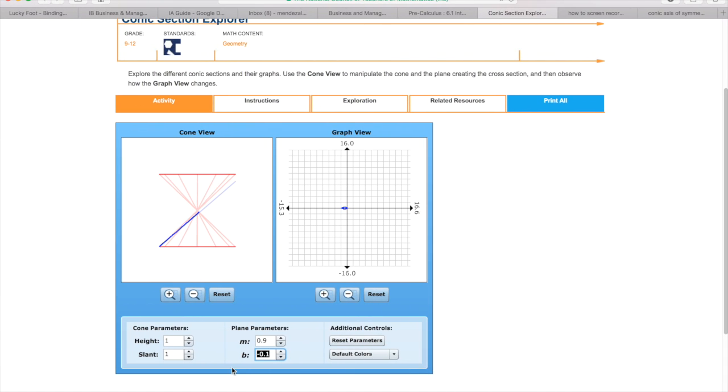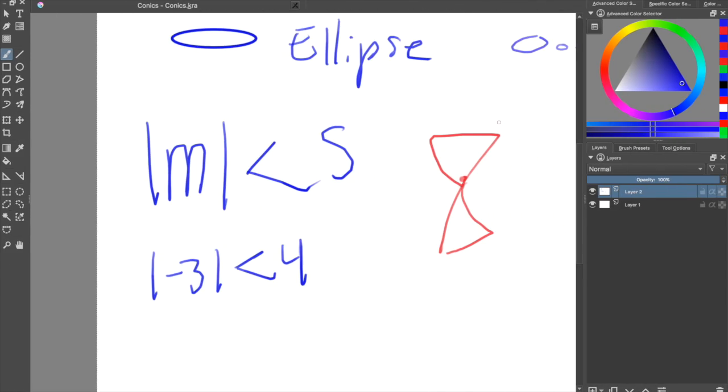But on the cone view, it's the other way around. It starts off fairly small. It starts growing and growing, and then turns to a little dot. Then it's big again, starts getting little and little.